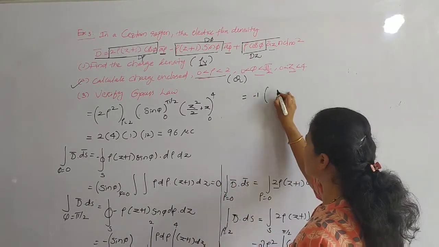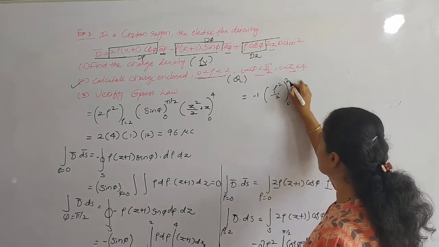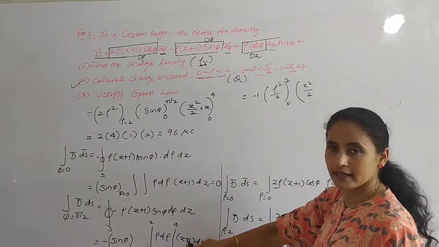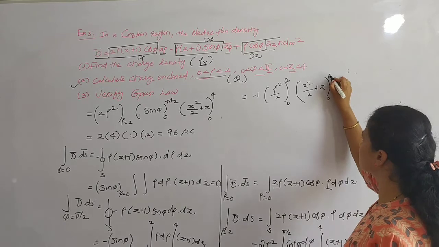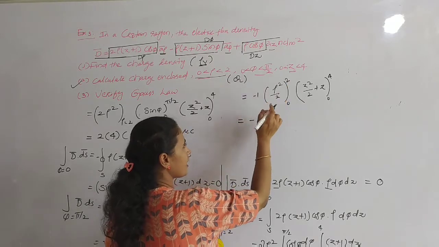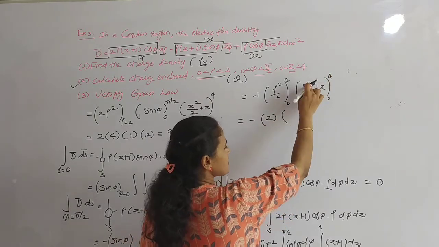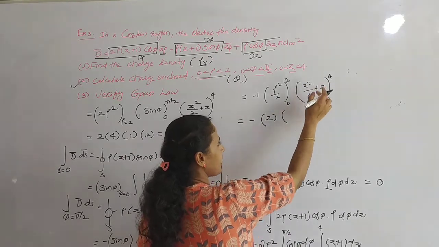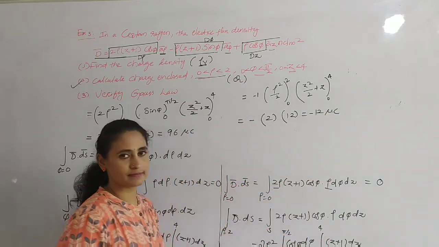The integration of rho is rho square by 2, with limits from 0 to 2, and the integration of z plus 1 is z square by 2 for z, and z for 1, with limits from 0 to 4. Apply the limits and simplify. This is minus of 2 squared, 4 by 2, is 2, and the lower limit is 0 only. Here z squared, 4 squared is 16, 16 by 2 is 8, 8 plus the z value 4 is 12, which is equal to minus 12 microcoulombs.